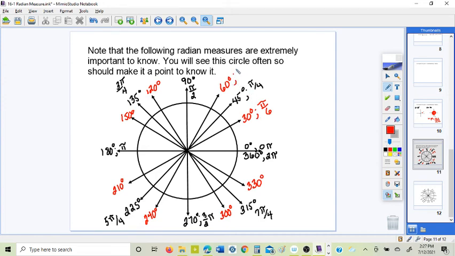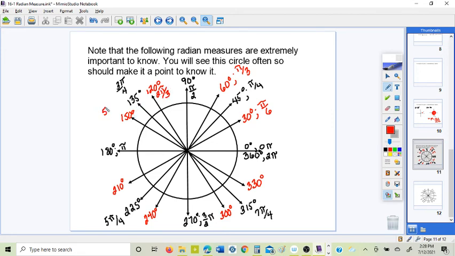This one is 2 pi over 6, which reduces to pi over 3. This one, 3 pi over 6, which is pi over 2. This one, 4 pi over 6, which reduces to 2 pi over 3.